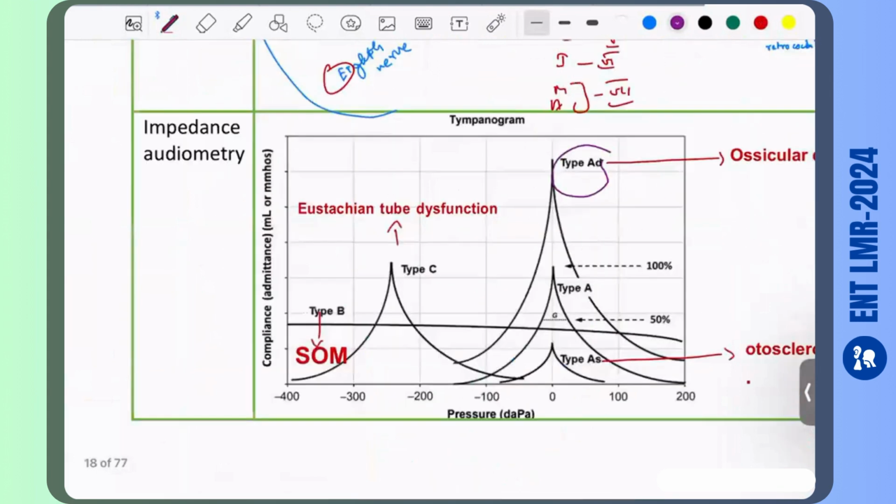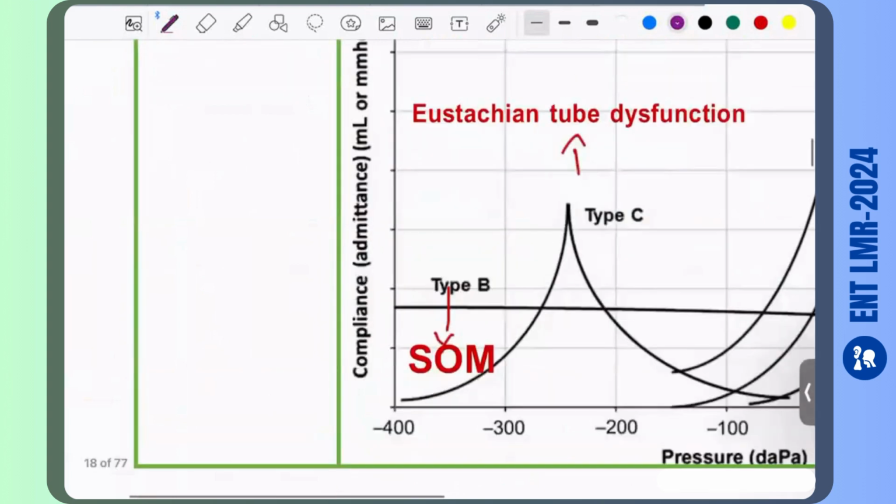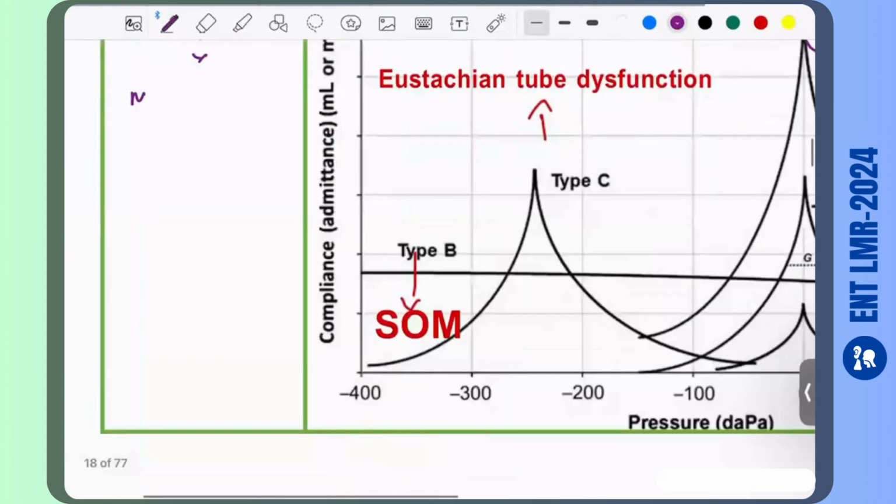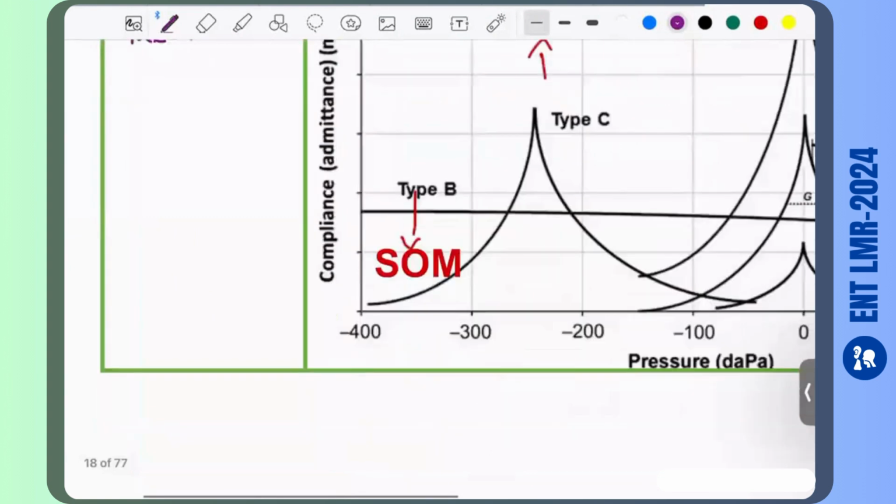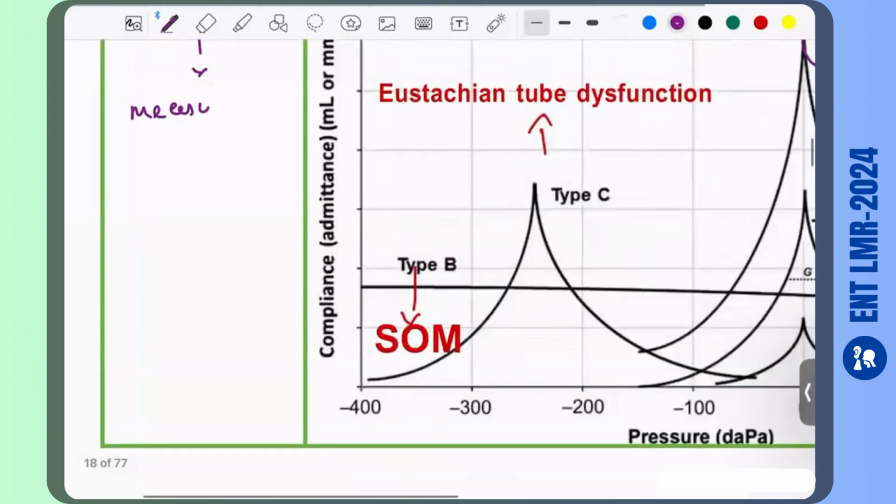I am going to just measure the compliance and pressure of the middle ear. That is impedance audiometry.